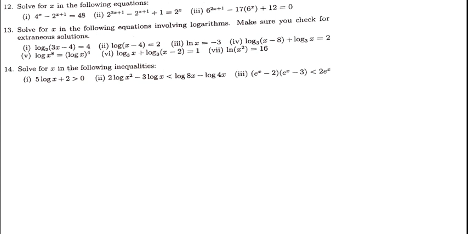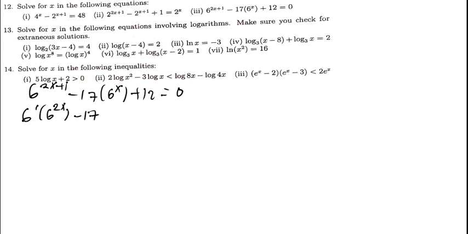So the question is 6 raised to the power 2x plus 1 minus 17 times 6 to the power x plus 12 is equal to 0. So if there is plus, meaning there was 6 raised to the power 1 and also 6 raised to the power 2x, minus 17 times 6 raised to the power x plus 12 is equal to 0.